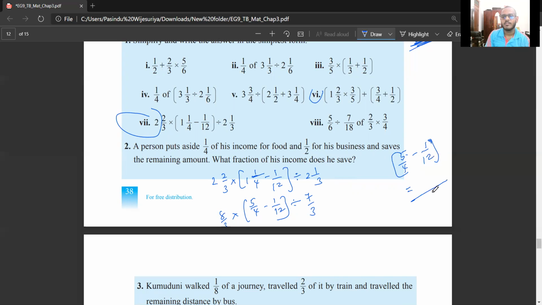We take 12 as a common denominator. There are 3 here, so 15 minus 1 is 14/12. So 8/3 into 14/12, divided by 7/3.